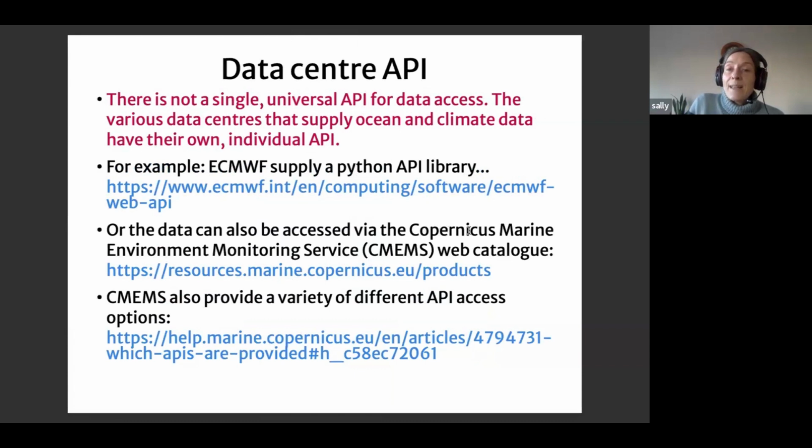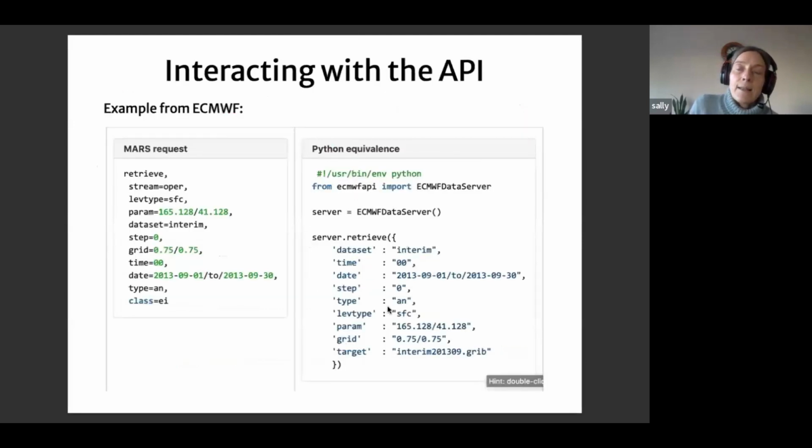They provide a web catalog where we can either click and choose to download different types of data manually, or they also have an API that we can use to automate that process. So we're going to look at an example of how to make it easier to use one of these APIs. So for the ECMWF, this is very similar to the example that we've just seen.